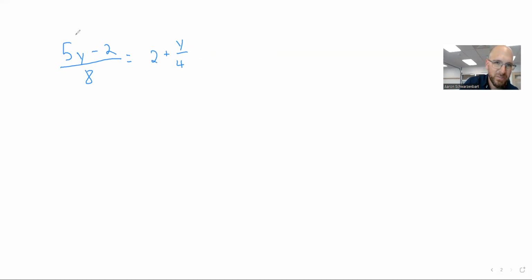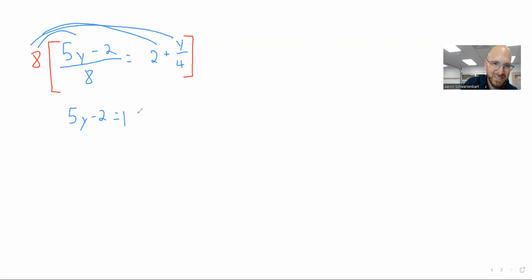I'm going to multiply everything on both sides by 8. This is called clearing denominators. So that gives me the left side, 5y minus 2 over 8 times 8 just gets rid of the denominator. The right side, 2 times 8 is 16. Y over 4 times 8 is plus 2y, because 8 over 4 is 2.